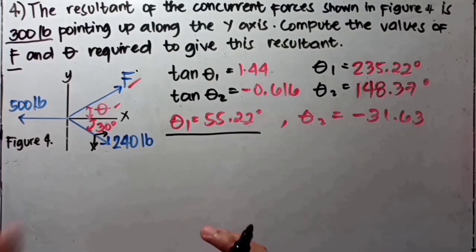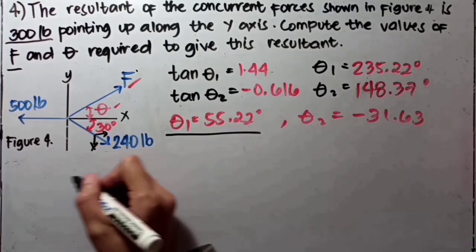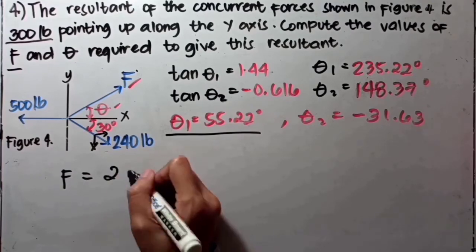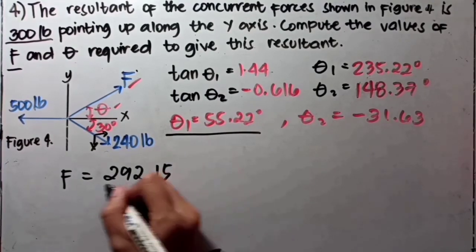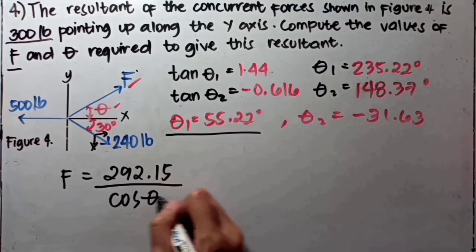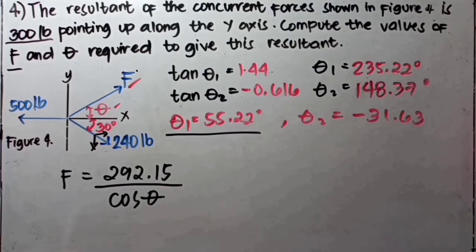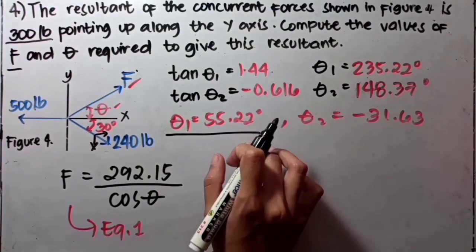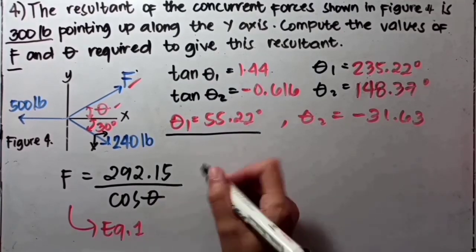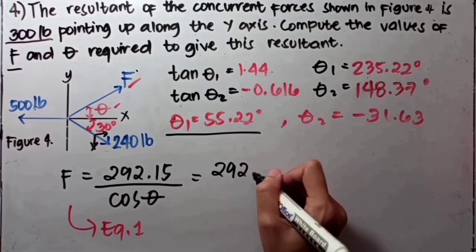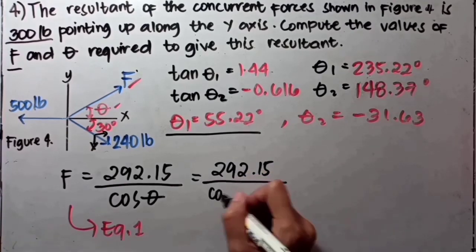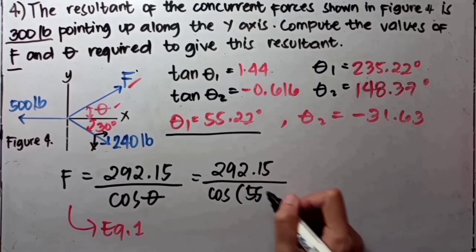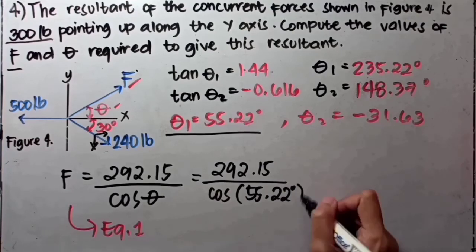Kung matatandaan nyo, meron tayong first equation which is the F is equals to 292.15 divided by cosine theta. Ito yung equation 1 kanina. Now, kapag isa-substitute natin ang value ng theta na na-solve natin kanina sa equation, magiging 292.15 divided by cosine 55.22 degrees.